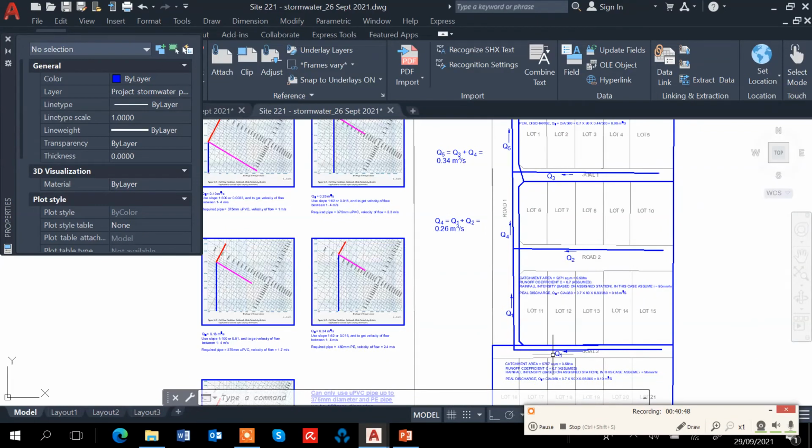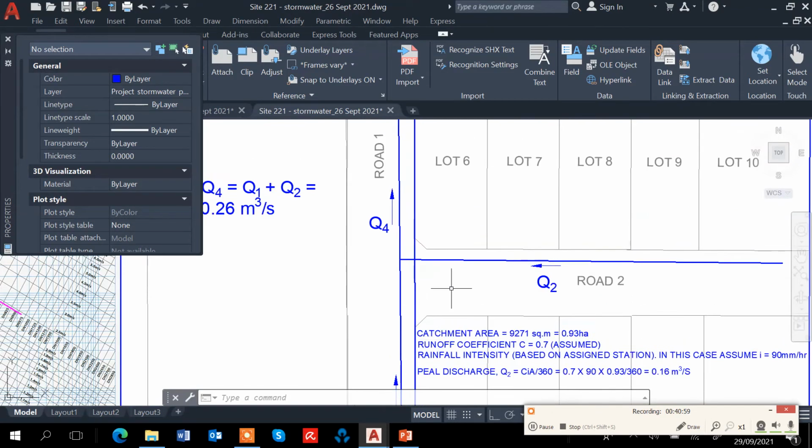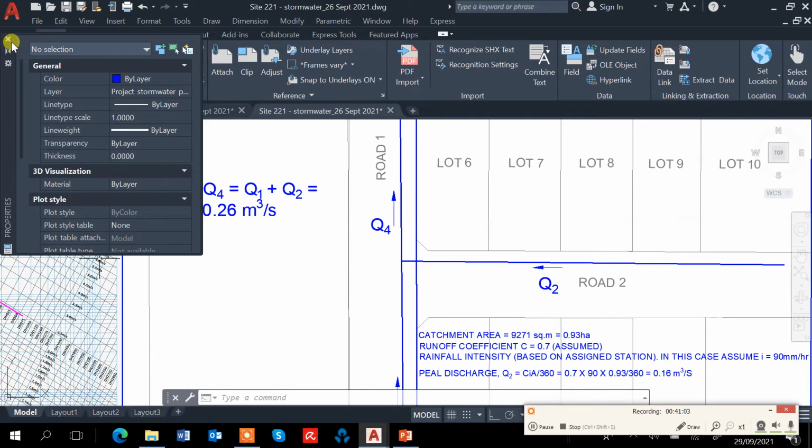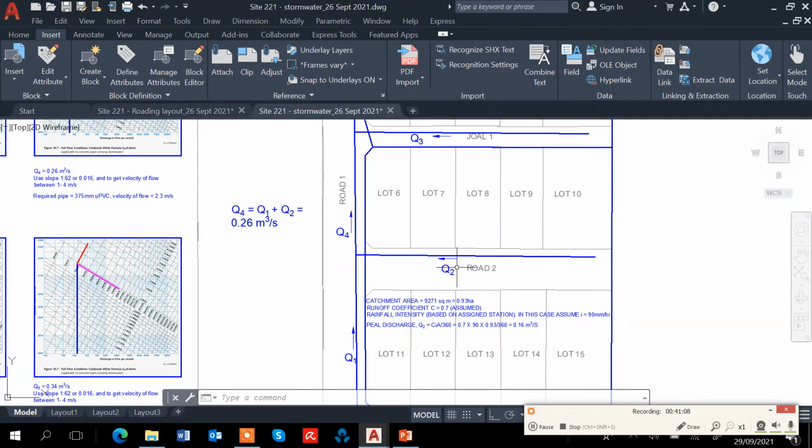So there's not much flow from the left hand side because of the valley. Q1 will flow along down there, and Q4 is equal to Q1 plus Q2.